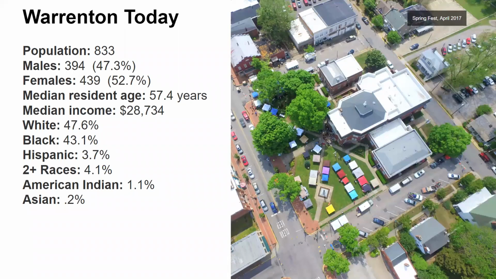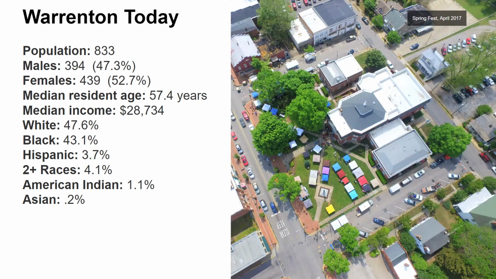So Warrenton today, the population is about 833 people. It's split about half and half between males and females, about 394 males, which is 47.3% of the population, and 439 females, about 52.7% of the population. The median resident age is about 57 years old, and the median income is about $28,000 to $29,000 a year.